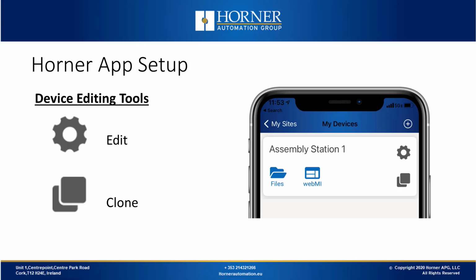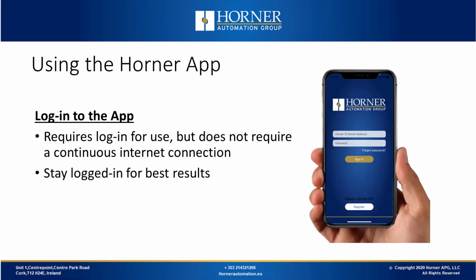To add OCSs with very different credentials, press the plus button. Once you have your sites created, individually add all the OCSs to each site. Once complete, we now have a complete set of credentials for our OCS products to be able to access them remotely or at the plant using WebMI or FTP.